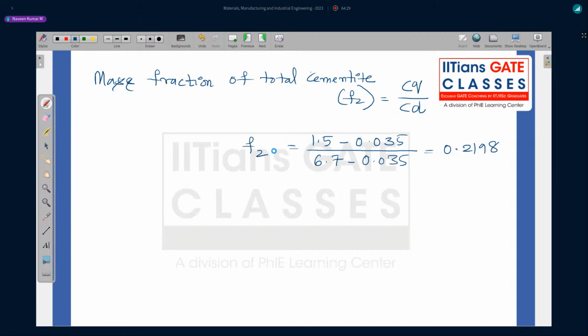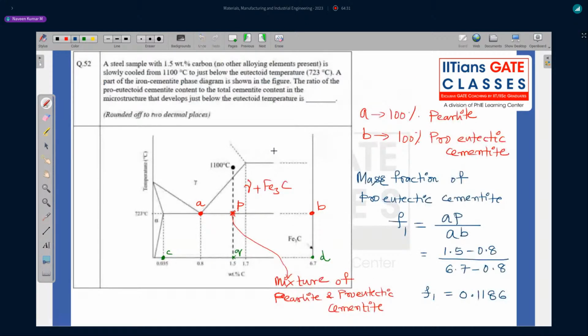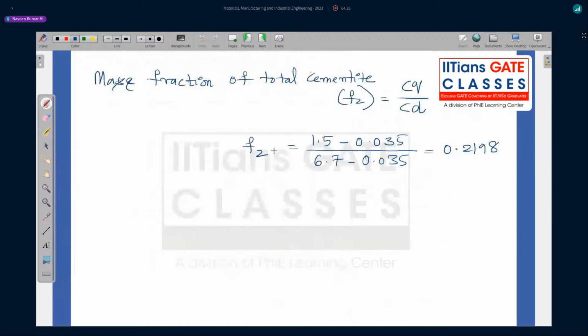What are they asking? They're asking the ratio of pro-eutectoid cementite content to total cementite content. That is F1 by F2, which is 0.1186 divided by 0.2198, and the answer would be approximately 0.54.